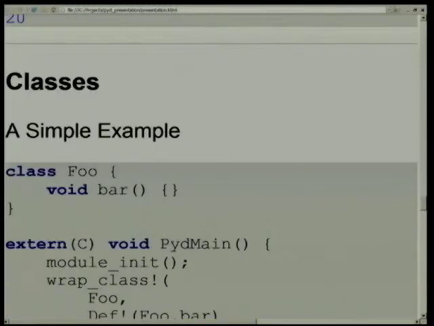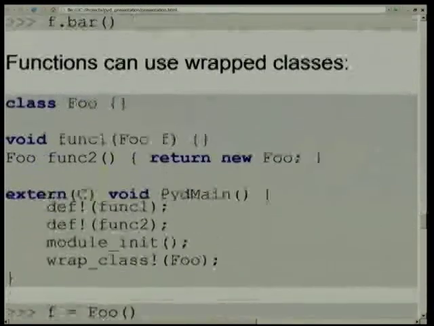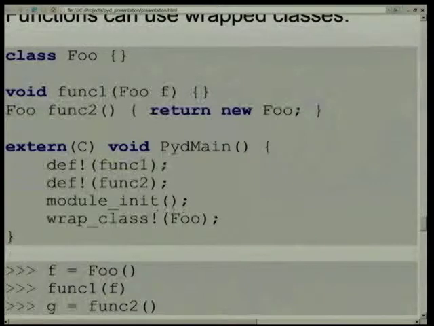When you return a class instance to Python, here we are. So func2 here returns an instance of Foo. That gets wrapped with a Python object, which holds on to it, and the Python object lives off in Python's memory. So a reference to that instance has to be kept by Pyd.